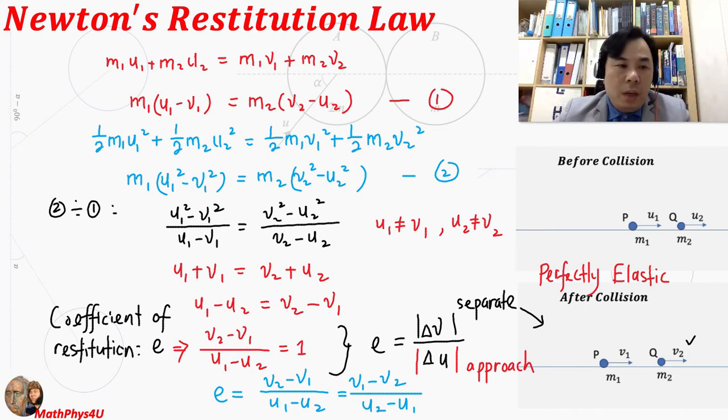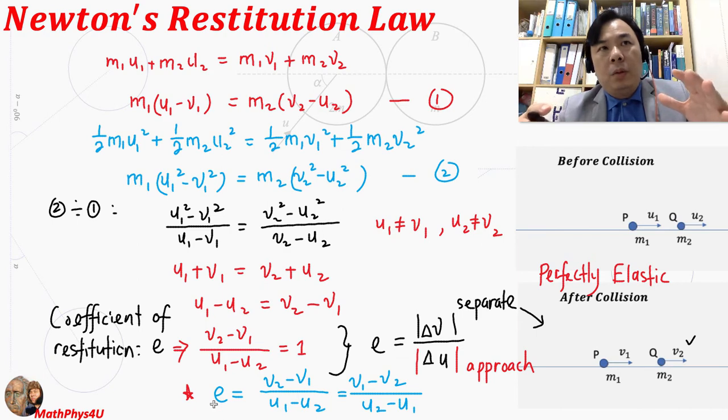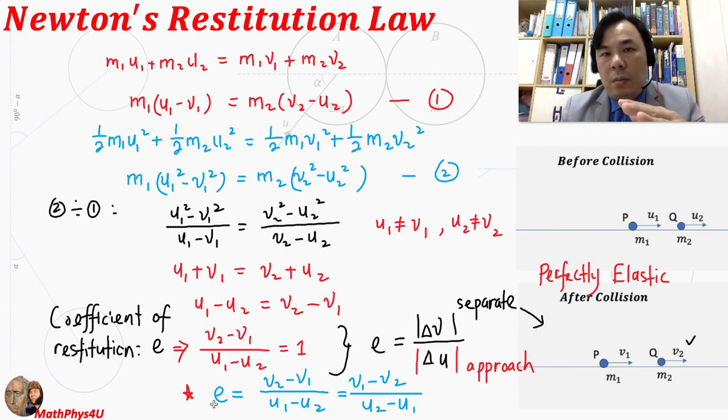For me, I always prefer to follow this closely so that I will be able to obtain the velocity after collision, may it be in the same direction after collision, or maybe one of them will change direction. So that's the importance of making sure the order of your ratio is correctly written. So please pay attention to this Newton restitution.